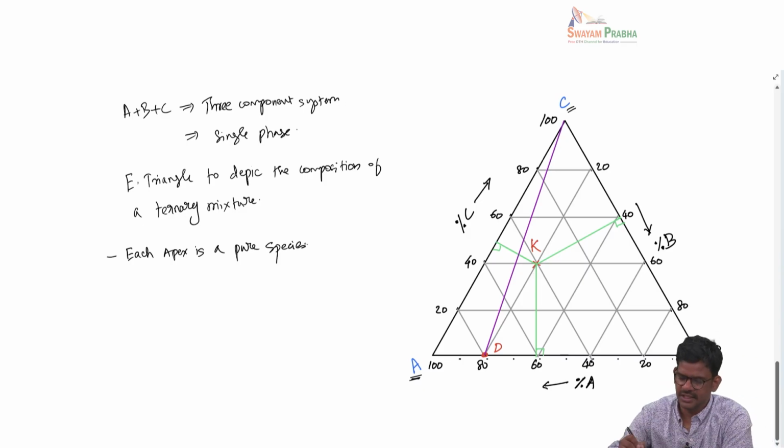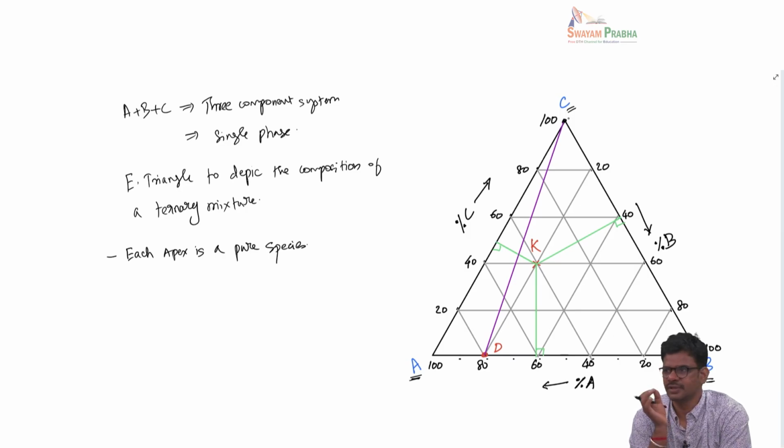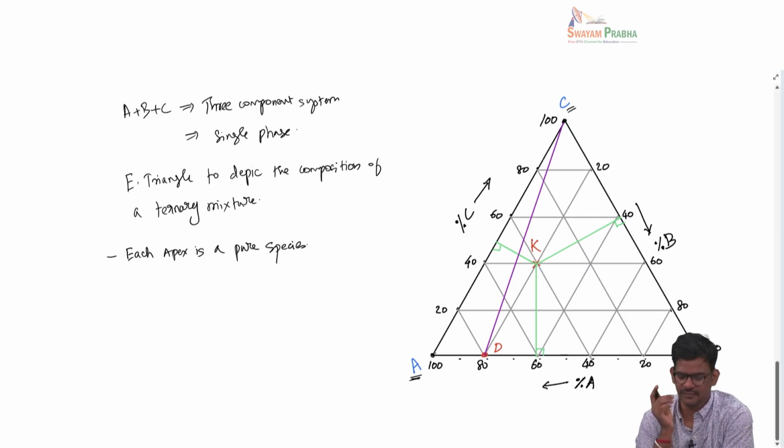That means if I take a point here, that means 100% pure C, which is a pure component of C. And if I take this apex, this means it's a pure component of A. And this point here is the pure component of B, right?